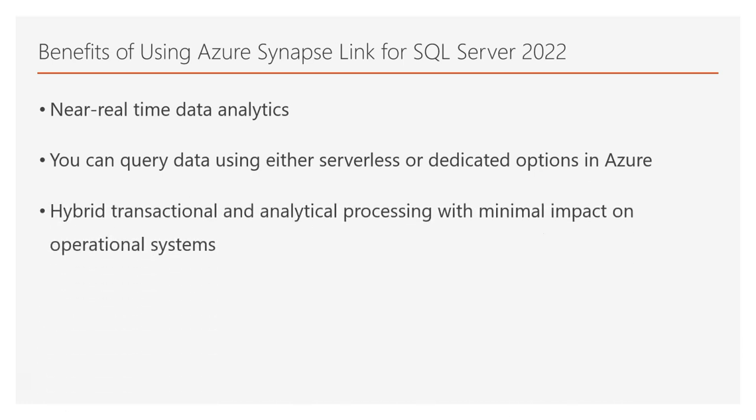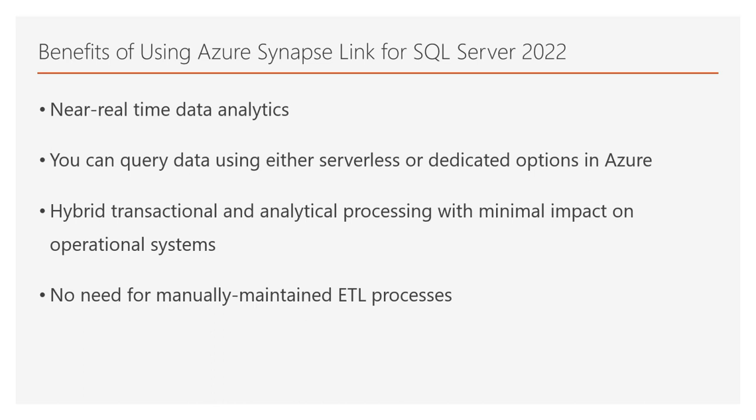Another benefit is that you have hybrid transactional and analytical processing with minimal impact on operational systems, since the analytical processing will be taking place on the Azure platform and not on the main database on premises. It means that this way you won't be adding additional load to the operational databases.